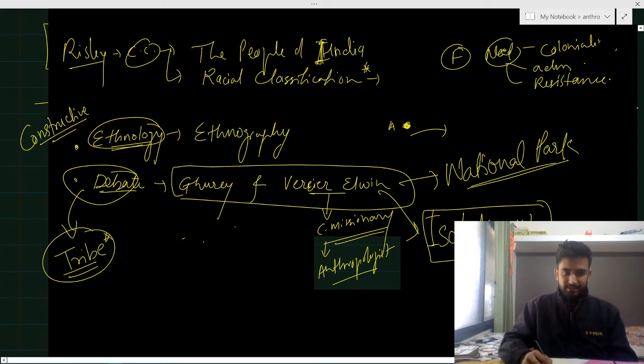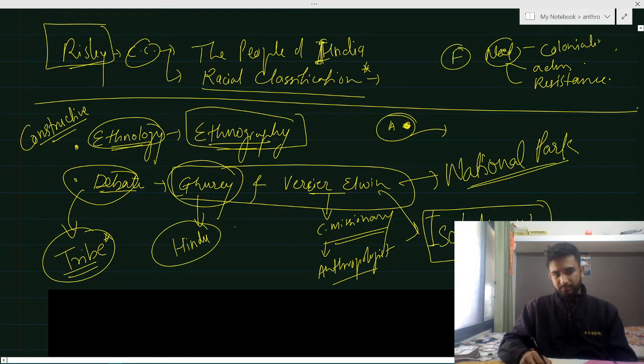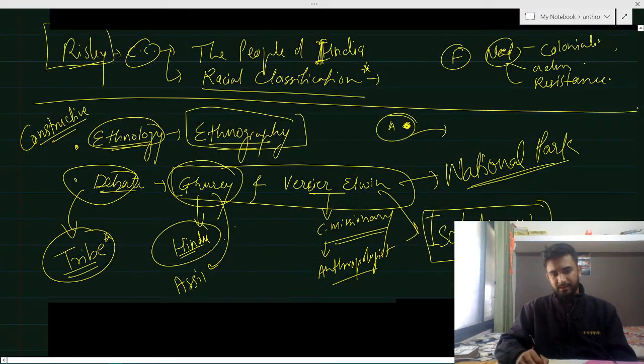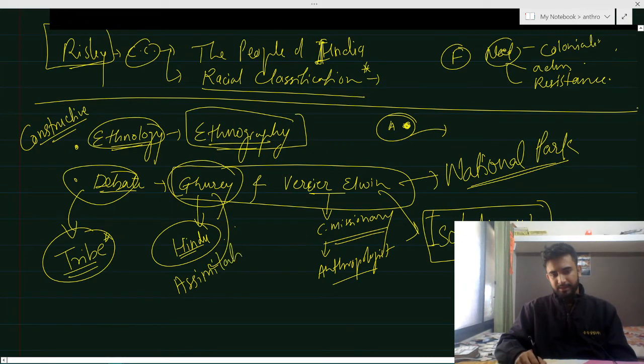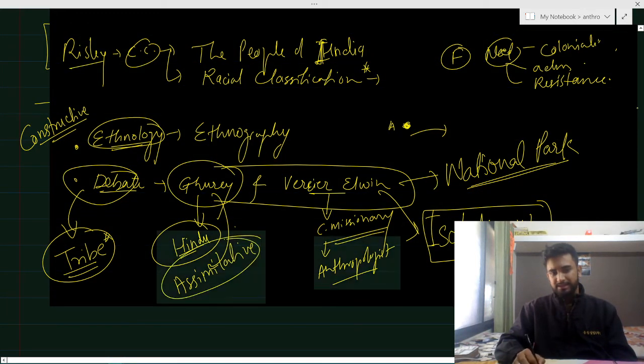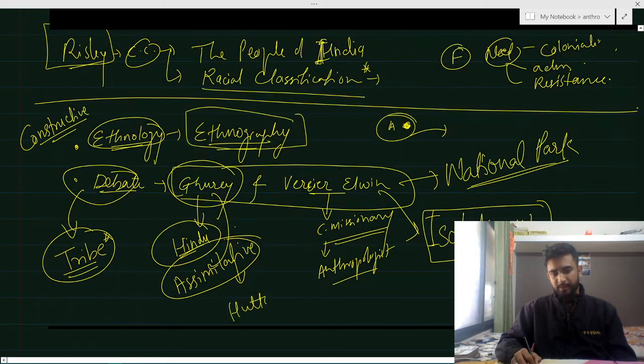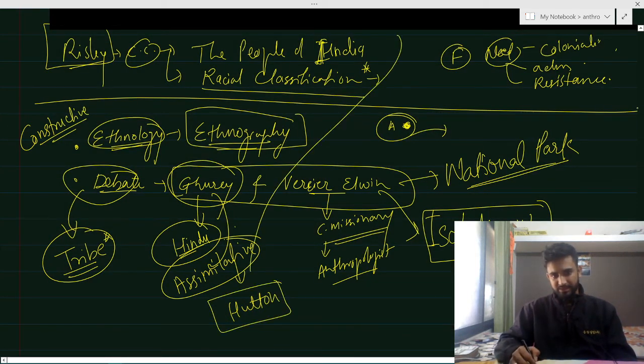The next thing is the debate. Of course, Ghurye said that these are nothing but Hindus, Hindus should include them. He was basically of the assimilative school. He said let's assimilate them in the main society. Even Hutton, we have studied Hutton over here, if you remember, in the last slide.